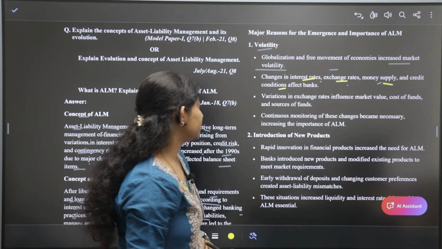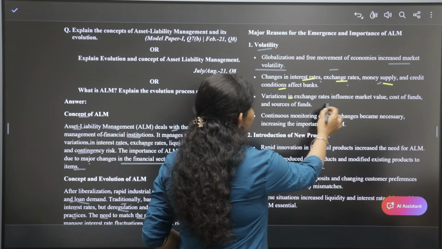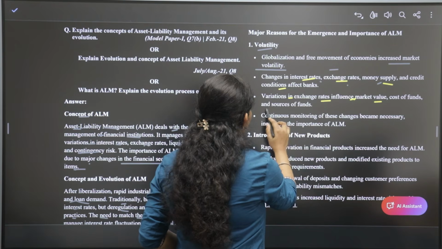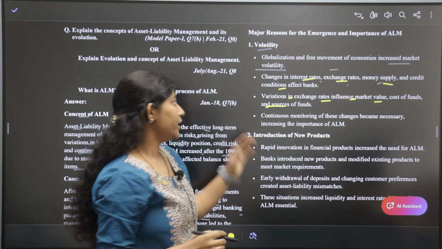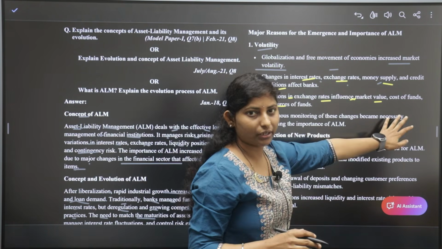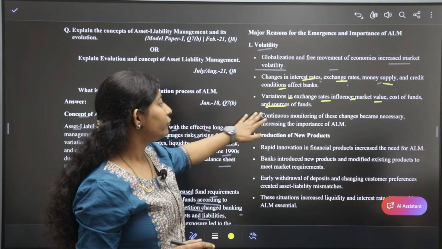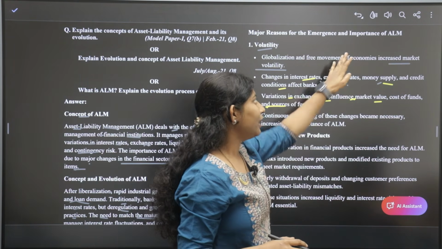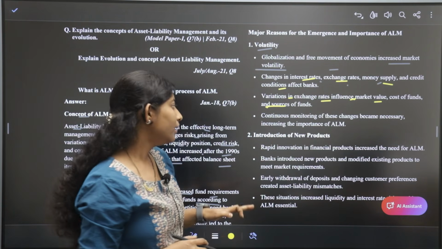Next, variation in exchange rates influences market values, cost of funds and sources of funds. Variation is nothing but changes in all these terms. Okay, it is very difficult for businesses and companies to adjust to it. So because of that, ALM is going to help businesses.